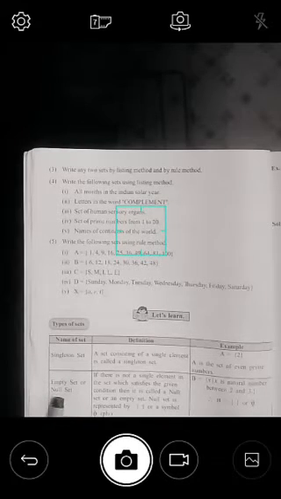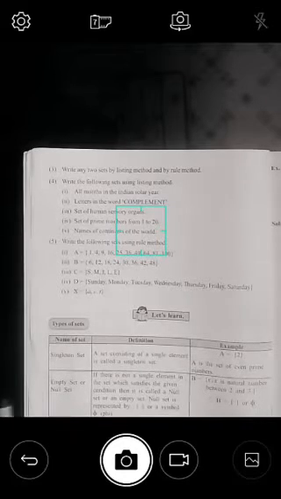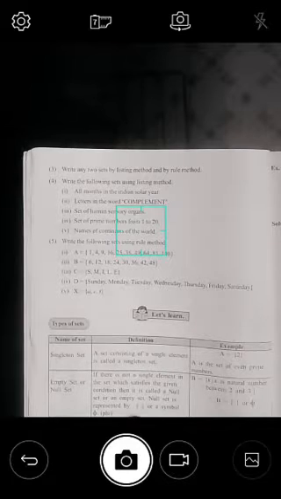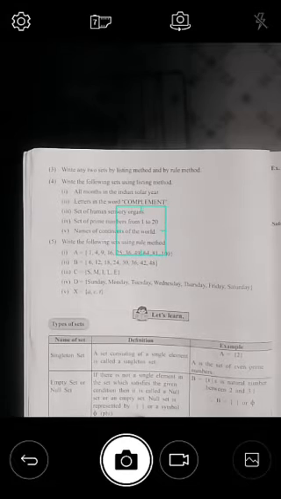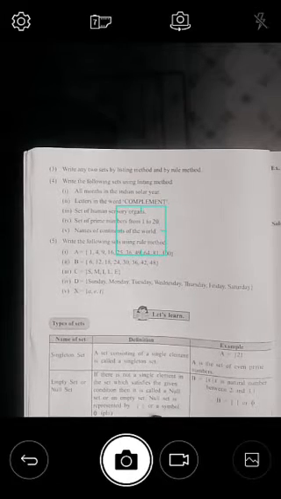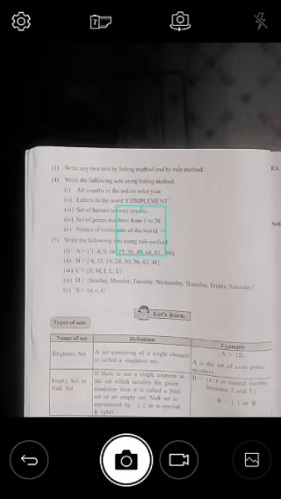Then empty set or null set. If there is no element in the set, then we say that the set is empty or it is a null set, and it is written as an empty set, that is 2 curly brackets here, or we can write phi.